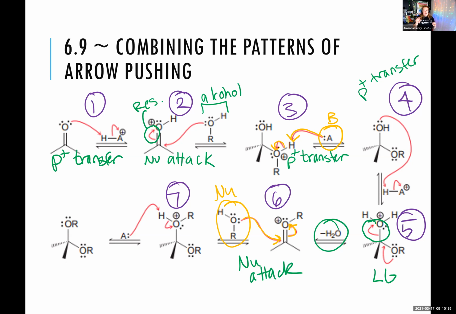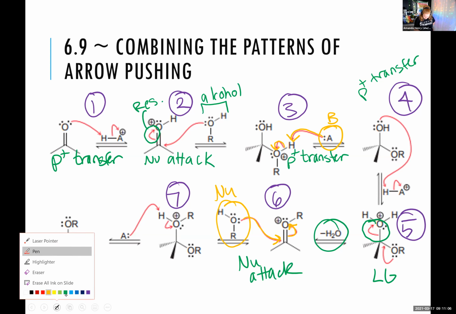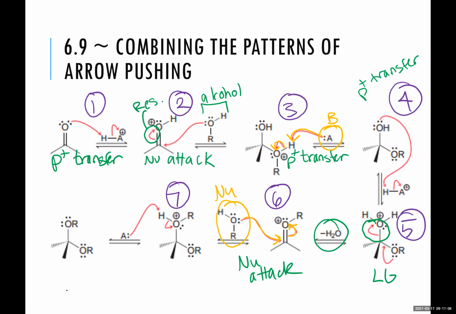It's just what atom is being looked at. That make sense? Yeah, because I was just confused as to why number 3 would not have been the attack, because it's doing the same thing as 6, but then you said hydrogen and carbons. Yep. So if you see a hydrogen involved, proton transfer. What about number 7? Proton transfer.